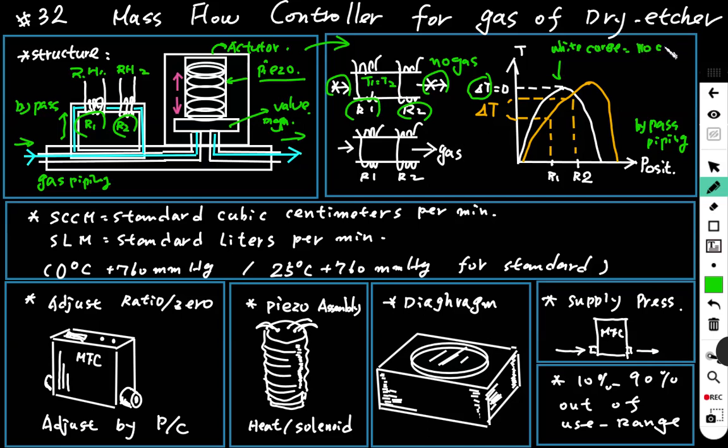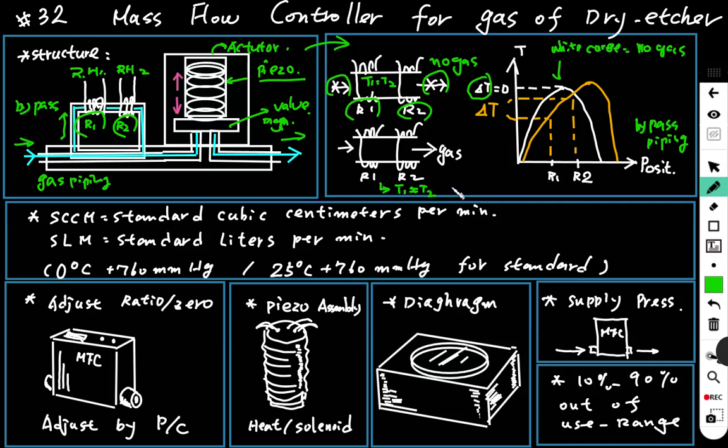No gas. Then we let the gas through, and R1 and R2 each have their own temperature; temperature 1 is not equal to temperature 2.